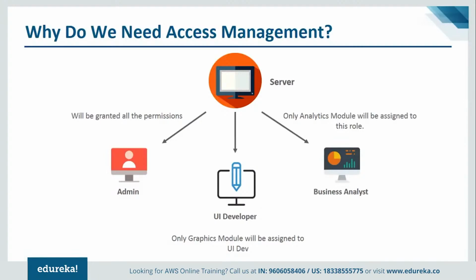So each and every user or each role will have specific rights assigned to them, right? And this is done by policies which are in turn given by administrators, right? So this is what access management is, giving each role the specific rights that they deserve. And this is what we are going to accomplish today in AWS, right? So this is why we need access management.